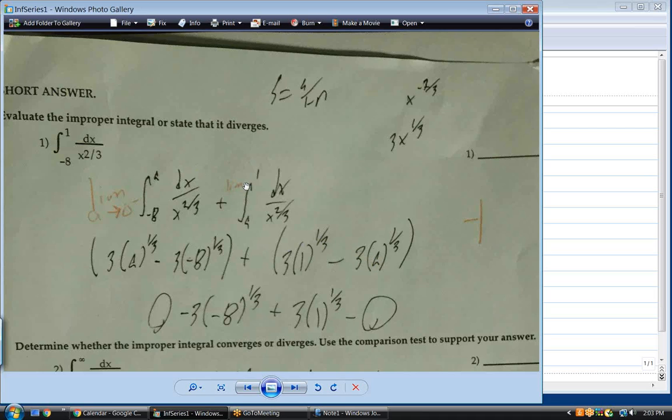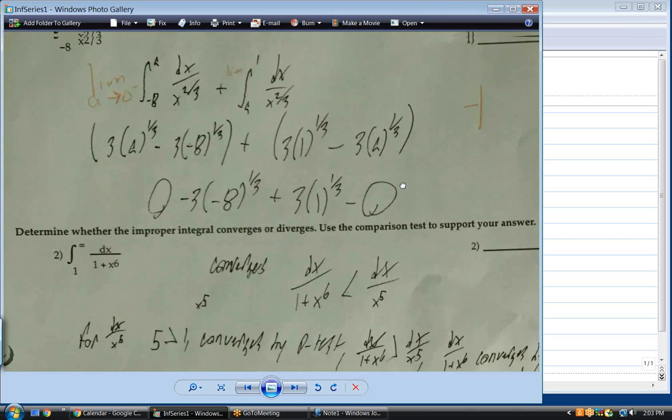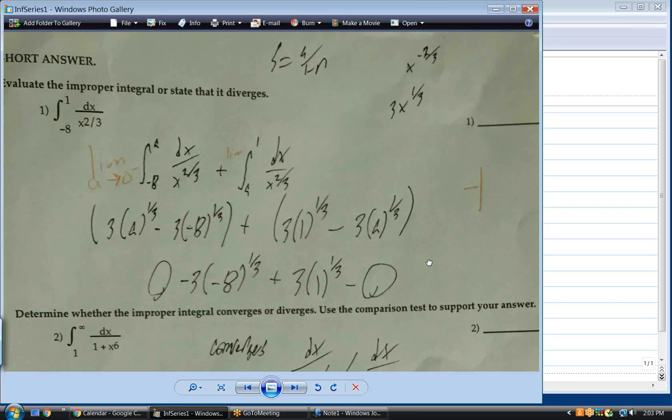If we take the limit of that as a goes to 0 from the right side, this term goes to 0. And so you're left with 3 times the cube root of 1, which is 3. So this whole thing should be 6 plus 3, or 9. All right, I think I get that one.